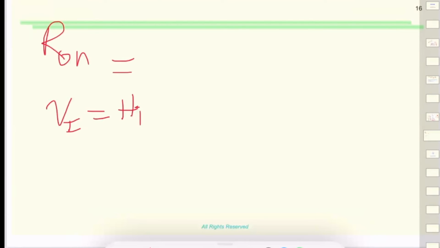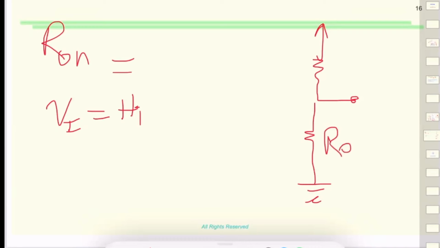So in that case, the inverter would have, like we saw on the previous slide, R on and V out. So this would be the VDD voltage drop across R on.